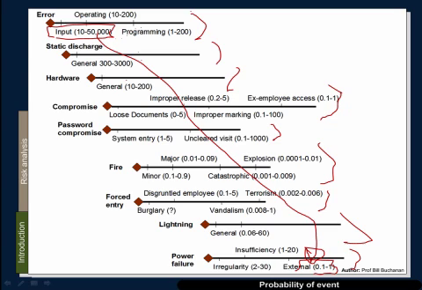So there are generally probabilities associated with each of the risks that we can have. We can see in this case for a password compromise, system entry is more likely to occur than an uncleared visit. Same for fire, a minor fire is fairly probable, whereas an explosion is highly unlikely.